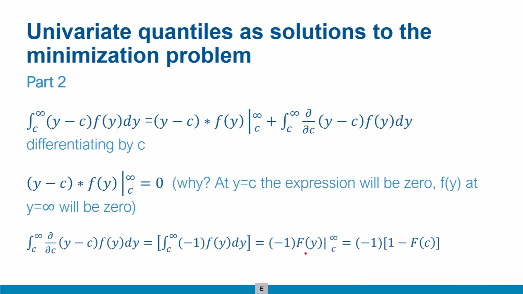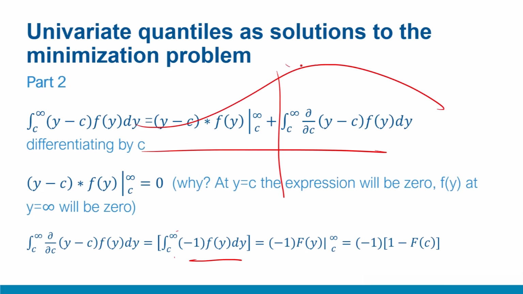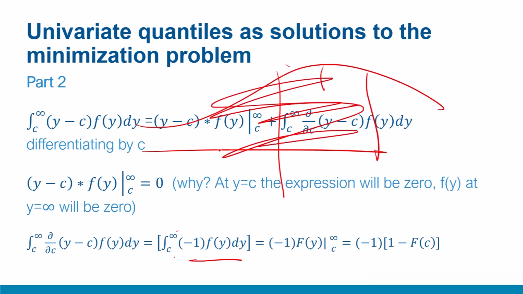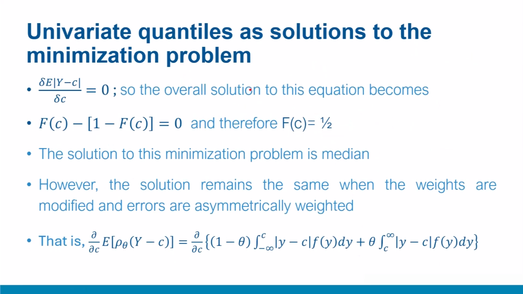Earlier I integrated the left side of it, which was the cumulative probability fc. Now I'm integrating c to infinity, which will be nothing but 1 minus fc. So this becomes 1 minus fc multiplied by minus 1. And therefore my overall resulting expression becomes fc minus (1 minus fc) equal to 0. Solving for this, we get 1 by 2.